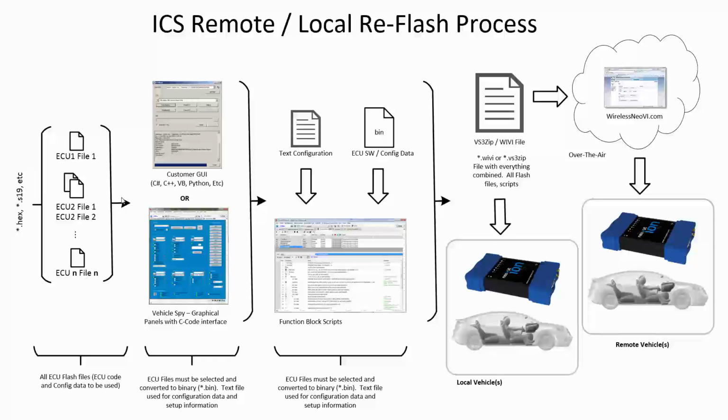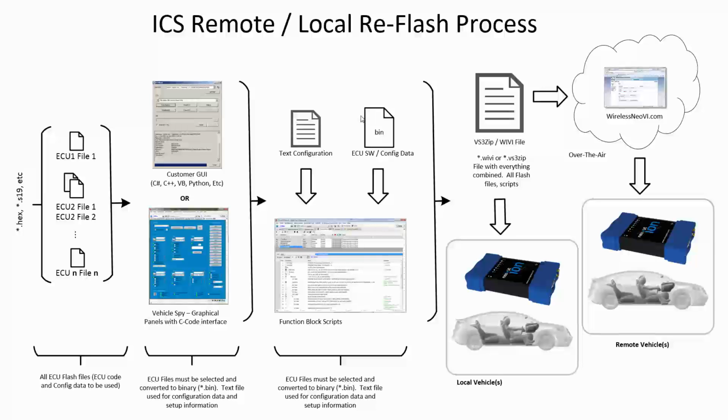So the first step of the process is to understand the files, process them in a way that we can take the data inside of the ECU files and put them inside of a binary file and a text configuration file. So the binary file typically contains the binary data that gets downloaded into the ECU.